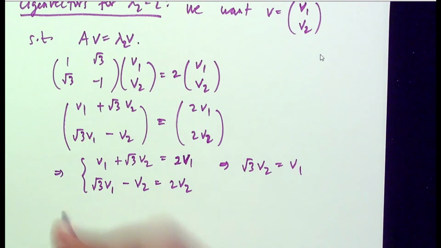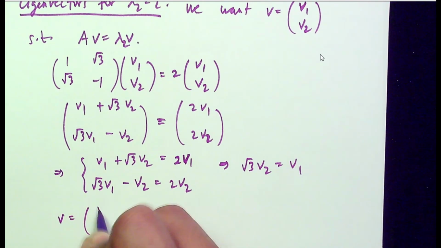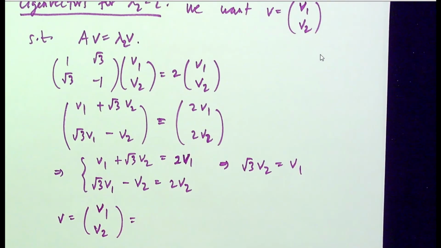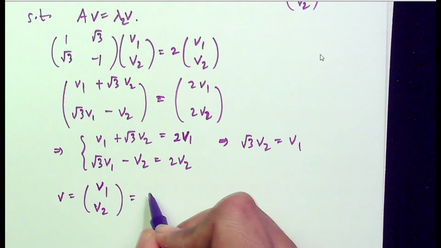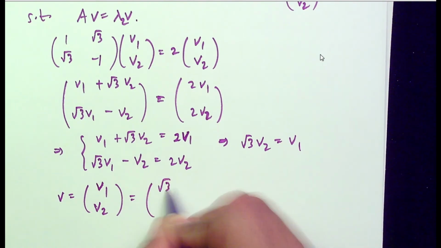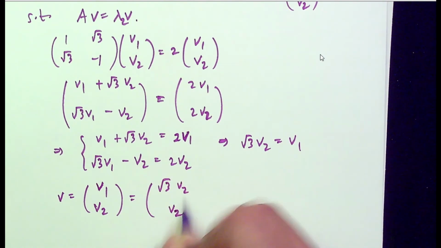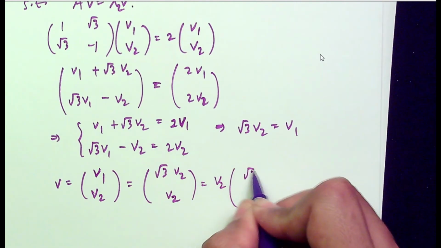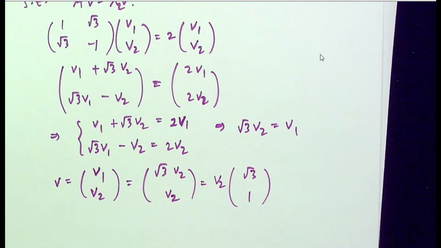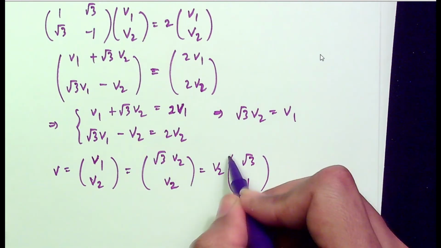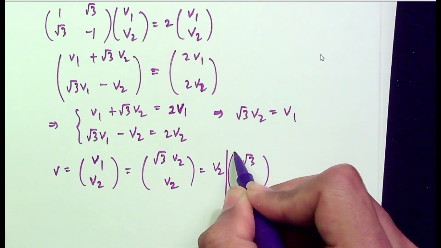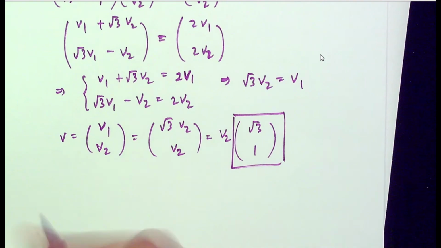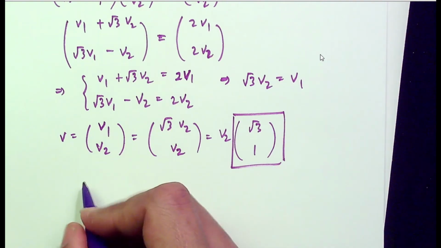So then v is going to be v1, v2, but now we replace v1 with square root of 3 v2, v2. Factor out the v2 and you get square root of 3, 1 times v2. Again, v1 and v2 are arbitrary, so this one is going to be the basic representative of the eigenvectors.